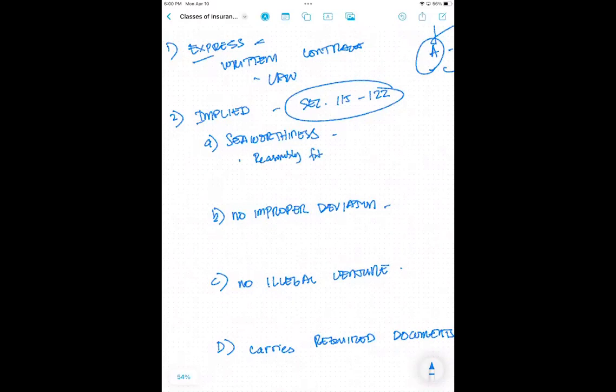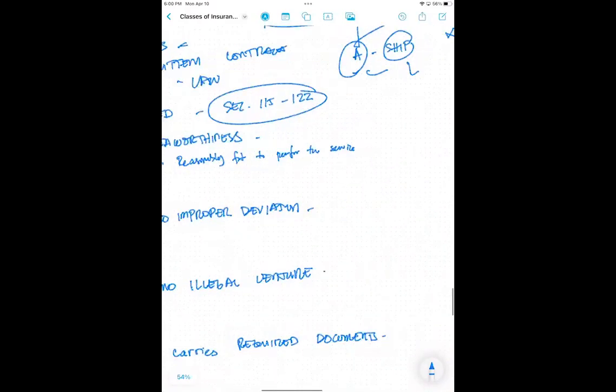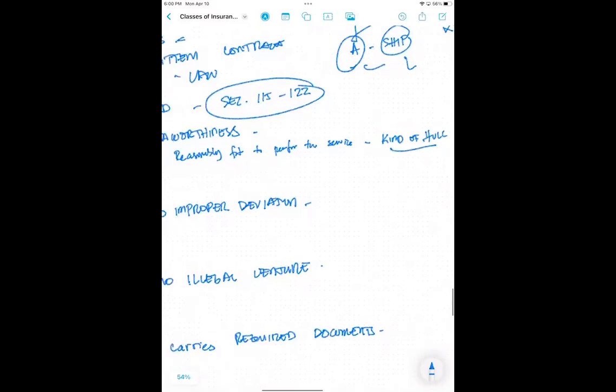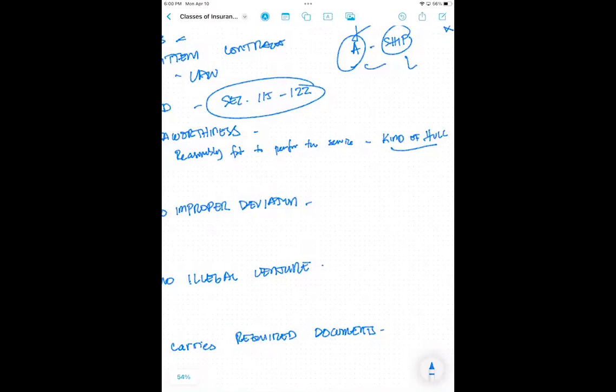It is reasonably fit to perform the service. Okay? Kaya nga, di ba, when we discuss the kinds of call, we tried to explain somehow ano ba ang function ng reefer, ng container ship, ng mga motor tankers, okay?